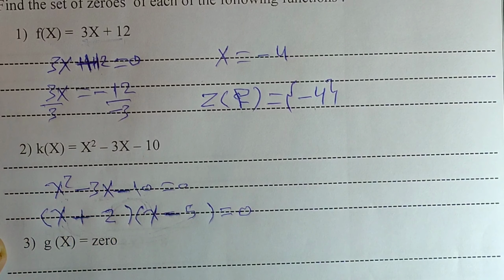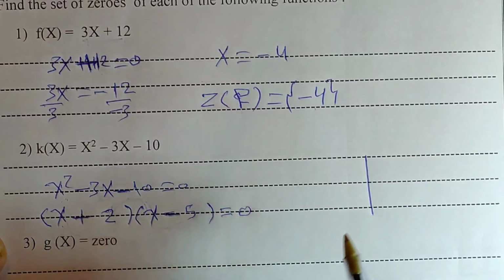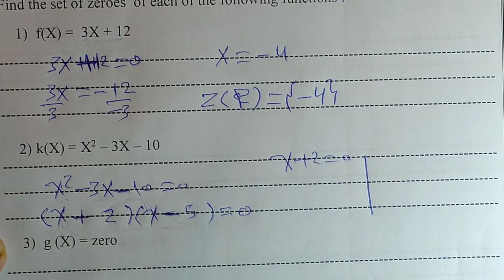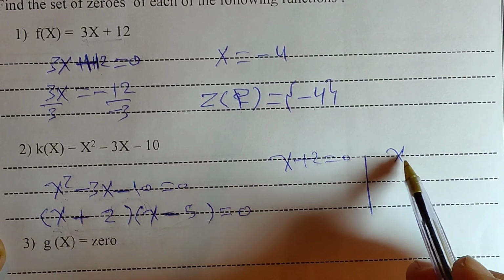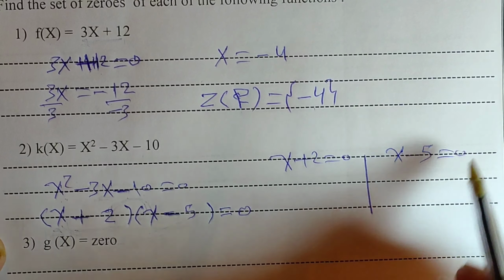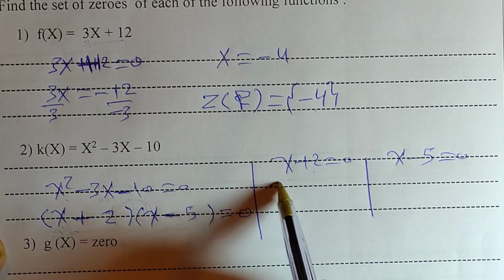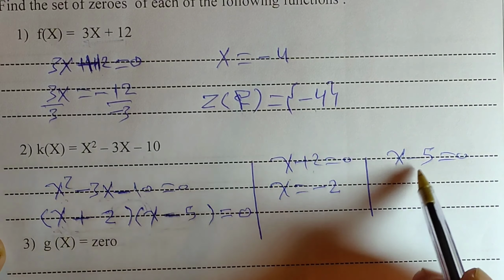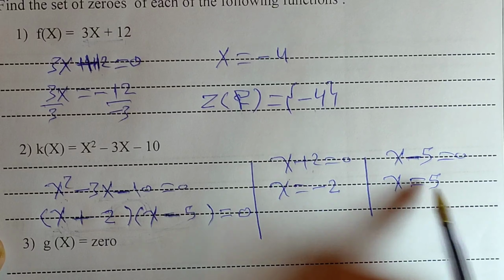So how can I get the set of zeros? Here I can divide the page like this. Right here x plus 2 equals 0, this bracket, and here this bracket x minus 5 equal 0. X plus 2 equals 0 means x equal negative 2. X minus 5 equals 0 means x equal 5.